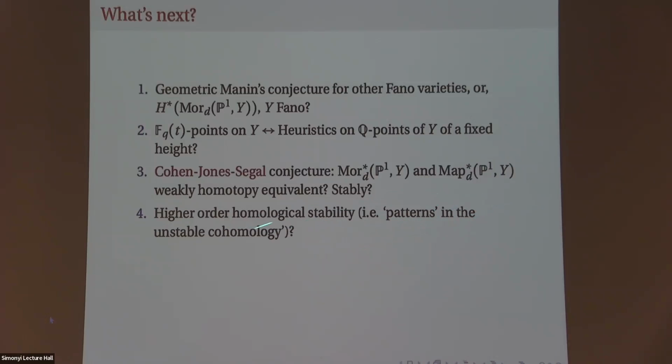And being able to use the modified cohomological descent, one expects to have an understanding potentially of the higher order homological stability, in the sense of patterns in the unstable cohomology.